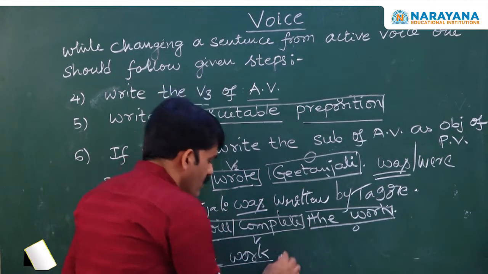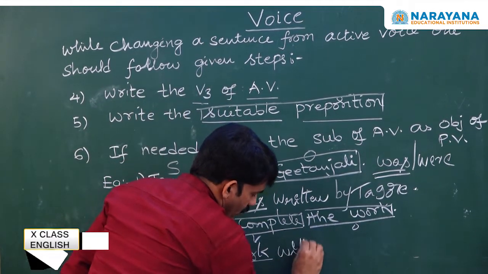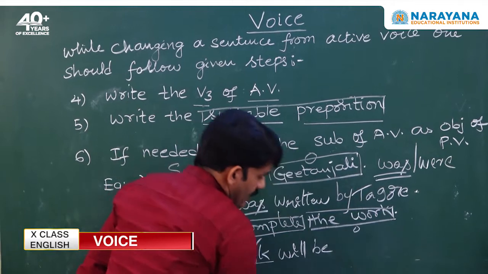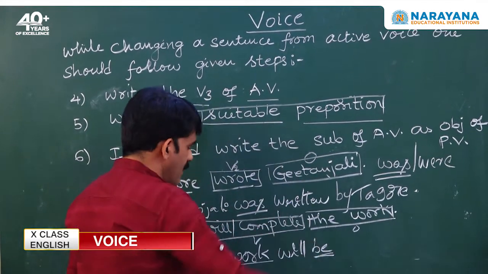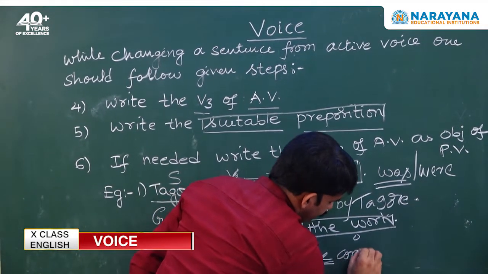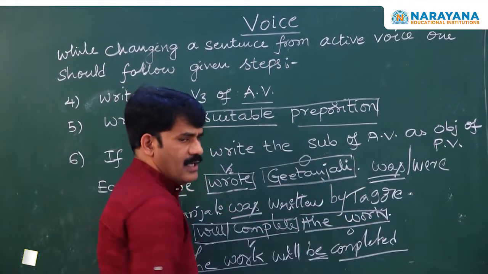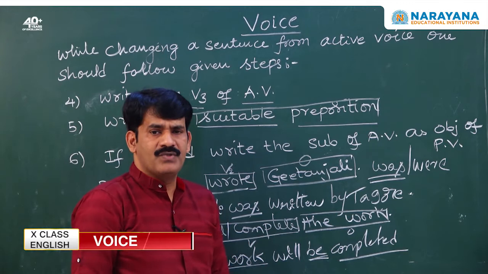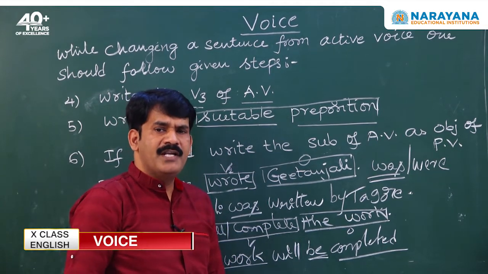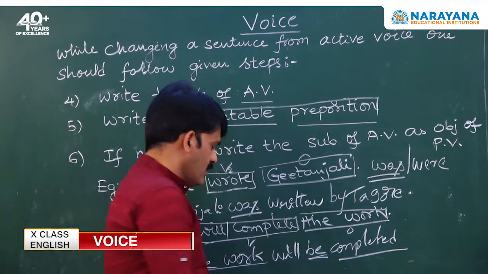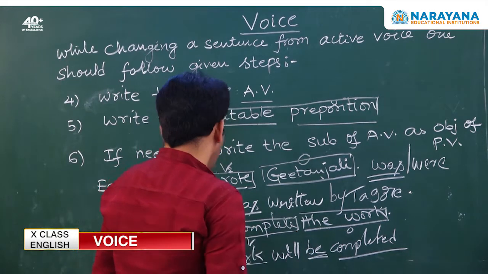So the work will be completed. Completed, because I need to take the third form of the verb given in active voice. Whatever the verb is, I need to take its V3 form. So the work will be completed.